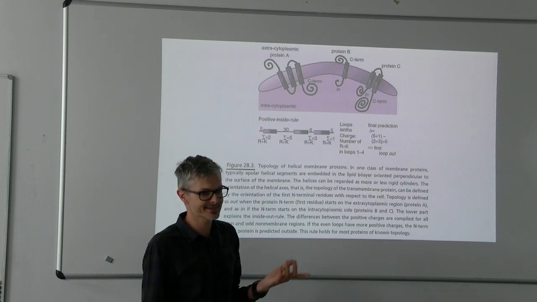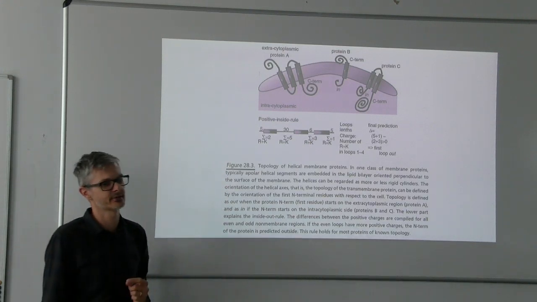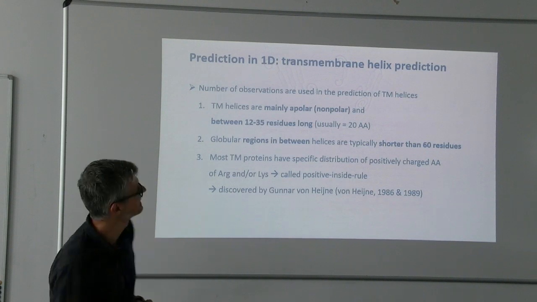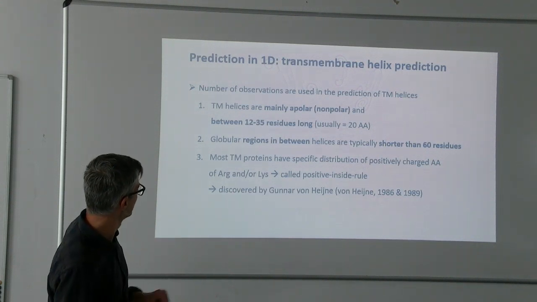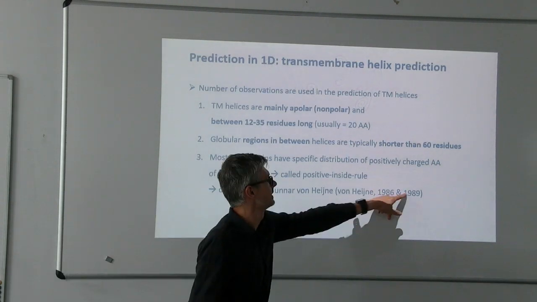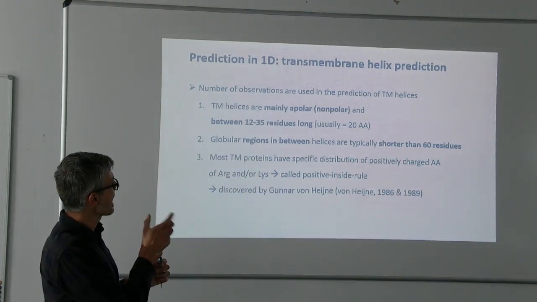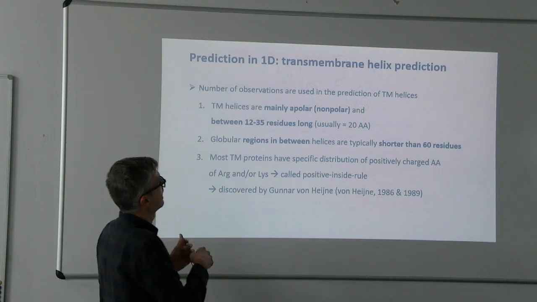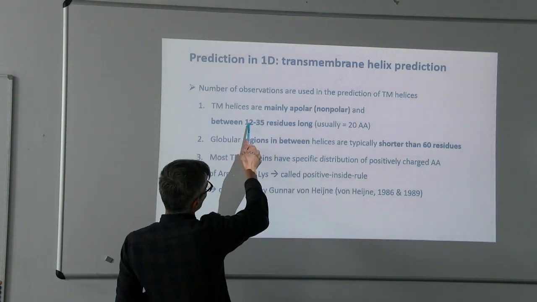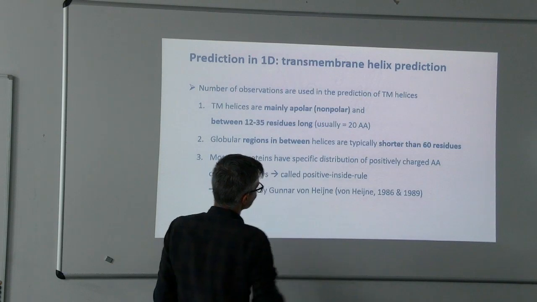Quite amazing. There's a simple rule. It's called the positive inside rule. And it was already developed quite some time ago, by Gunnar von Heijne in the late 80s. First of all, you have a apolar stretch between 20 and 35 residues, but in most cases 20.